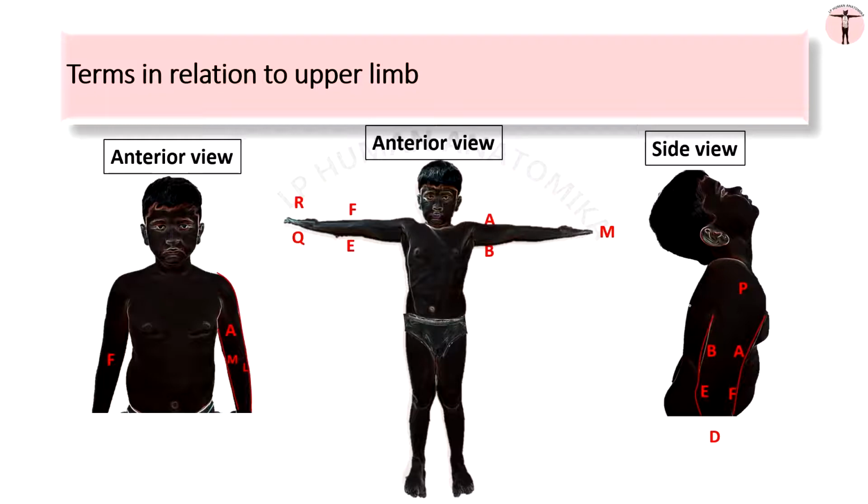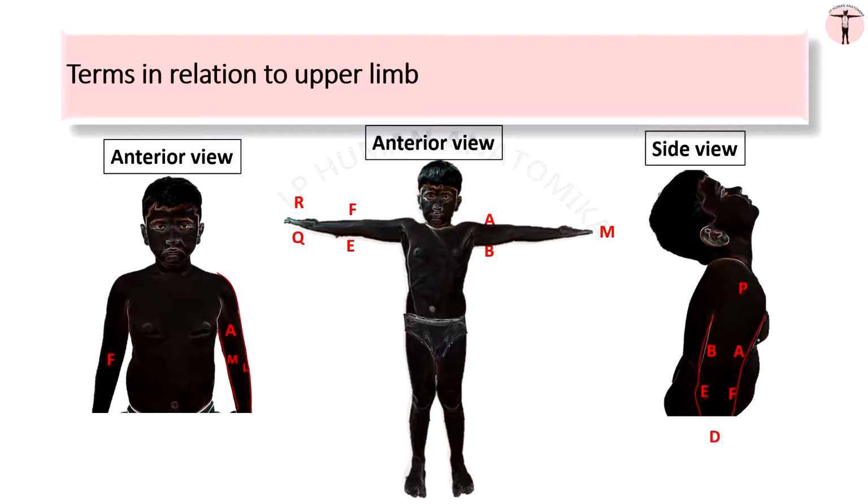ventral or anterior is the front aspect of the limb. When we see the side view, in the anterior view or posterior view, we will see only one aspect of the upper limb, whether anterior or posterior, medial or lateral, with respect to the position of the limb.